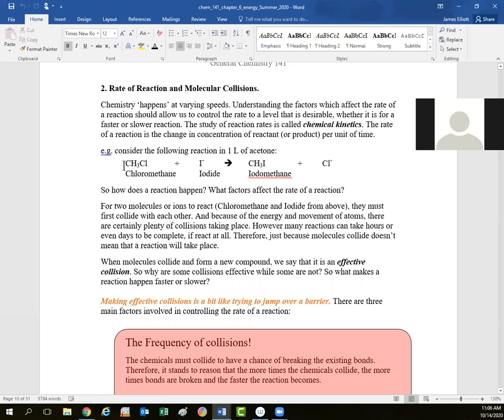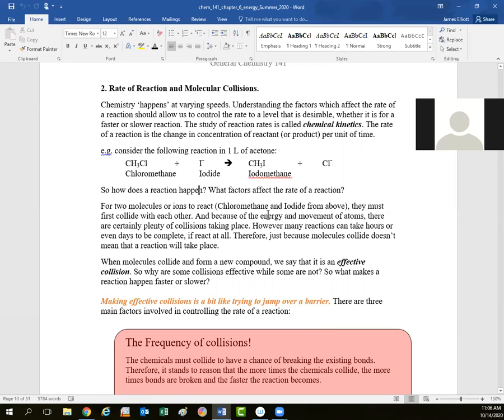Sometimes with a reaction with something like chloromethane, it's just one particular bond that we're looking to break. In this case, the carbon to chlorine bond, so that the chlorine falls off and we can form a new bond between the iodine and the carbon to make iodomethane in the chemical's place.